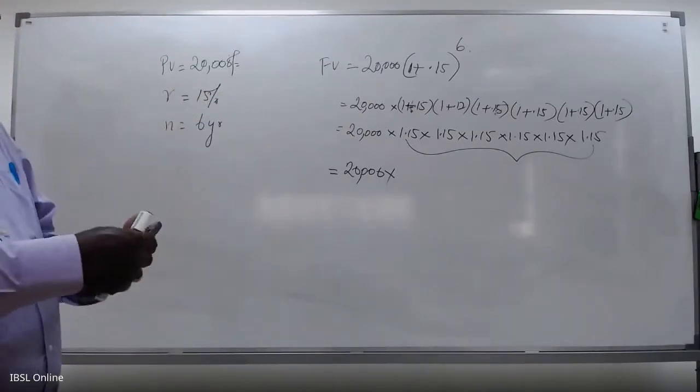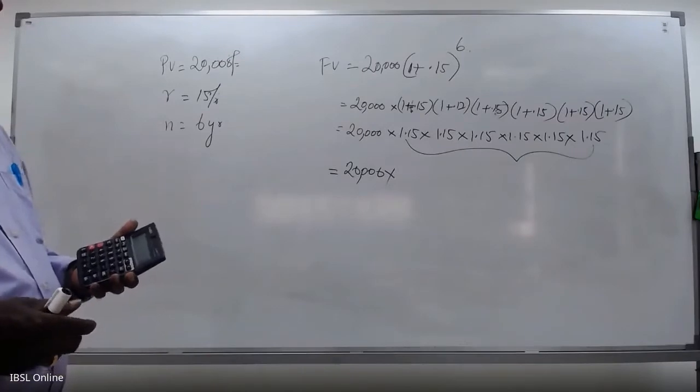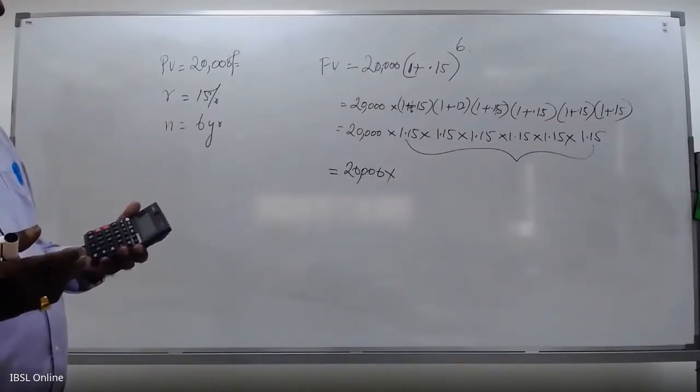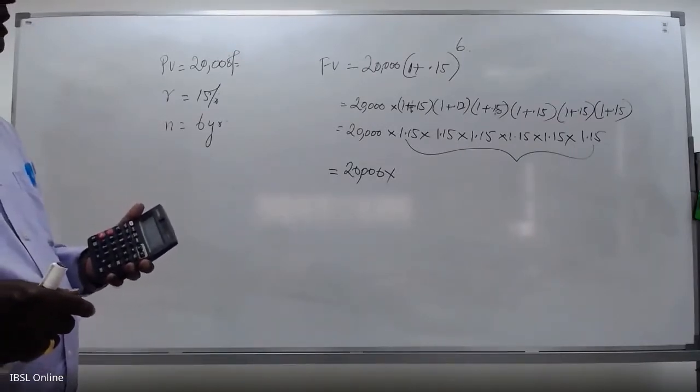Okay, I will do it. So multiply 1.15 by 1.15, 6 times: 1, 2, 3, 4, 5, 6.